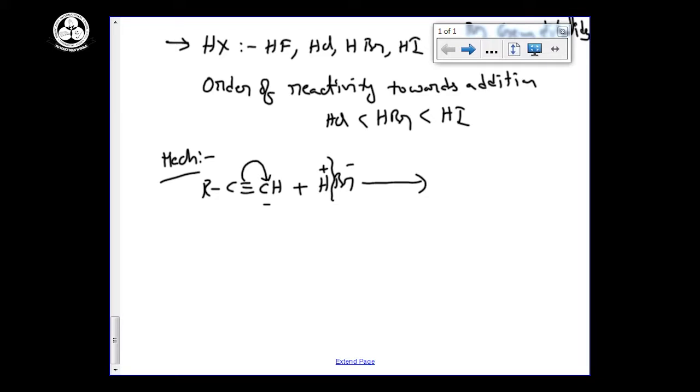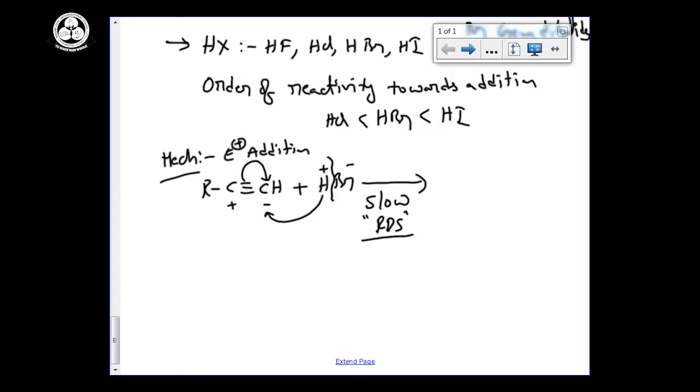This carbon is minus, this carbon is plus, so minus can take the plus. Already I told you, this is an electrophilic addition reaction. Why electrophilic addition? First the electrophile only will go and attach to our alkyne, so that's why it is called electrophilic addition. It is the slow step, our RDS, rate determining step.